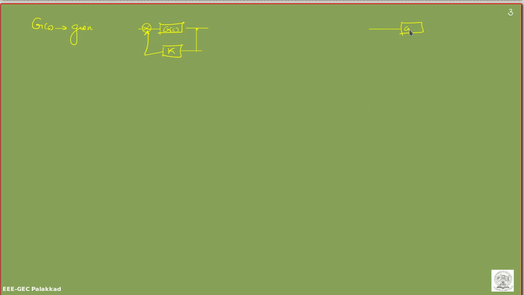G(s) is fed back through a nonlinearity, and this nonlinearity phi(t, y) lies within the sector [K1, K2]. We want to check the stability of the whole system.